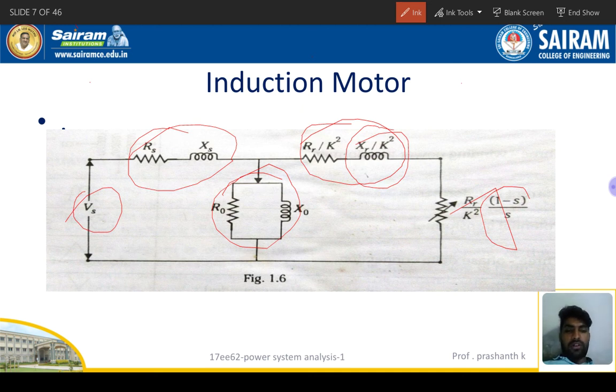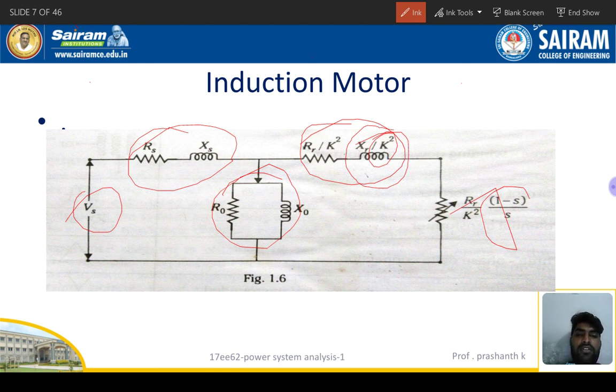Mechanical output. So this is K squared, where K is the turns ratio of the induction motor, similarly to a transformer: N2 by N1, or VR by Vs. In the transformer there is an induced voltage V2, but here also there is an induced voltage ER or E2 on the rotor side. Supply given to the primary side is E1.